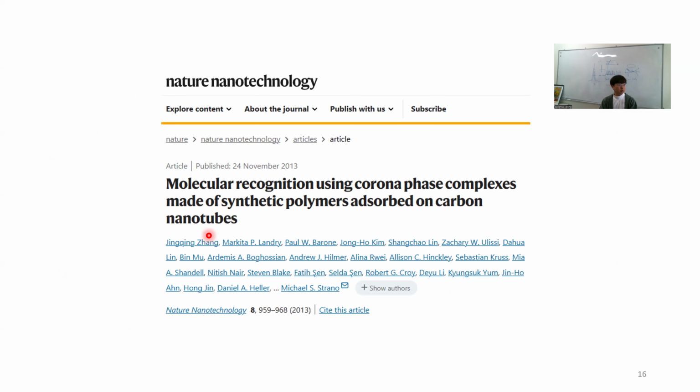And about 10 years after the first individual carbon nanotube papers, corona phase molecular recognition was first used in a paper, as I remember correctly, in 2013 in Nature Nanotechnology. It was from the Strano laboratories after they moved to MIT.